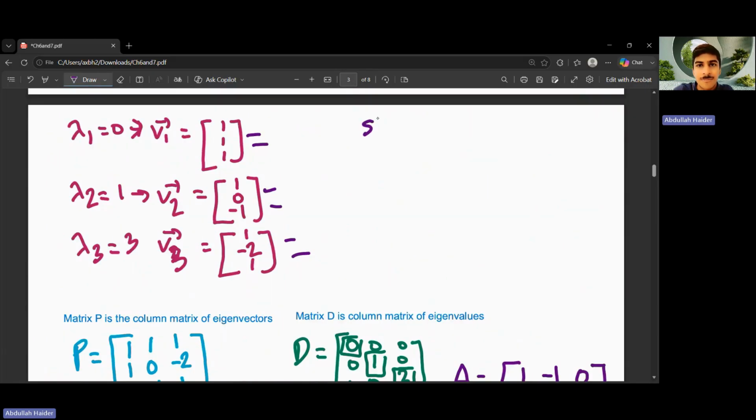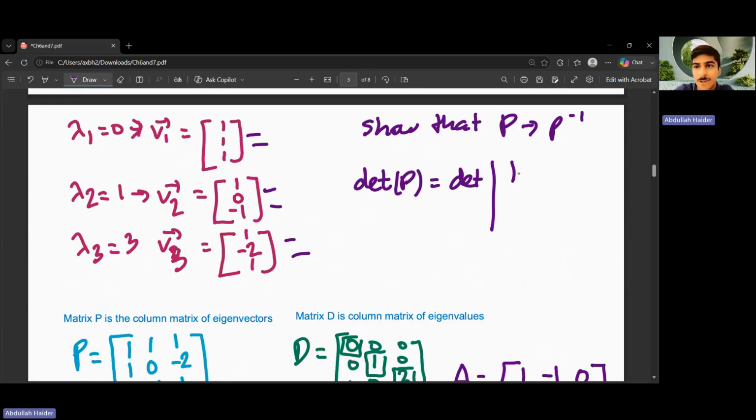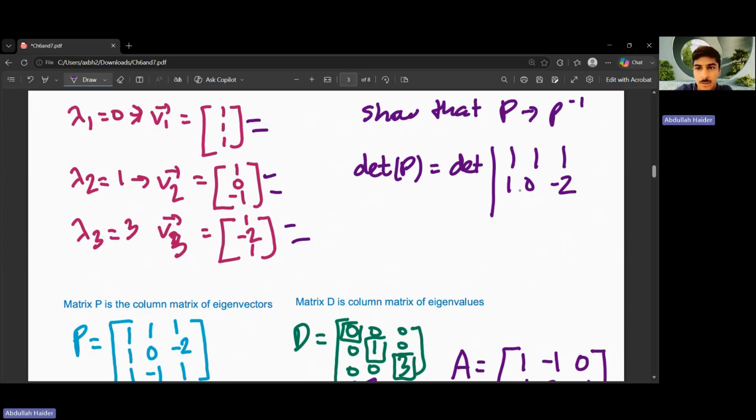To show that P has an inverse, invertible means it has an inverse, you simply find the determinant of P, meaning you find the determinant of this matrix 1, 1, 1, 1, 0, -2, and 1, -1, 1.